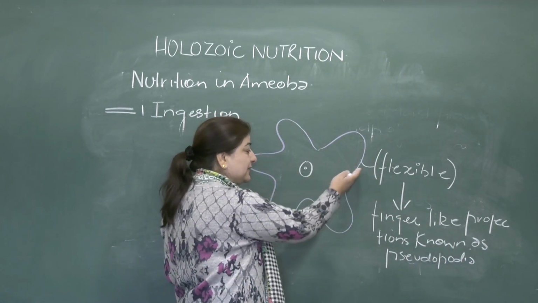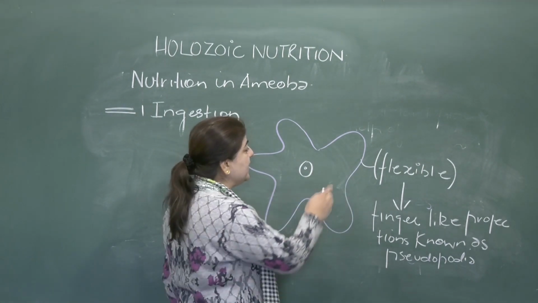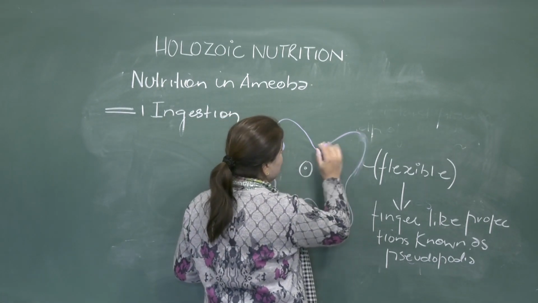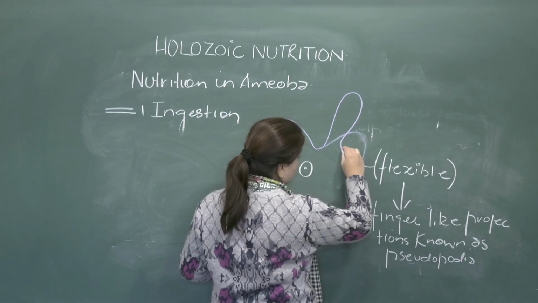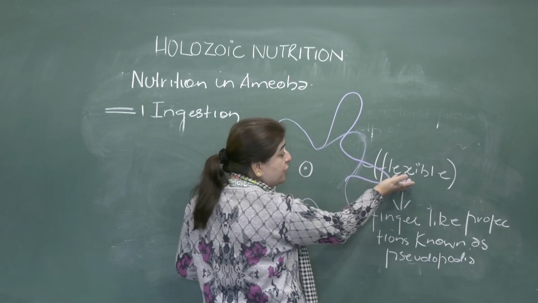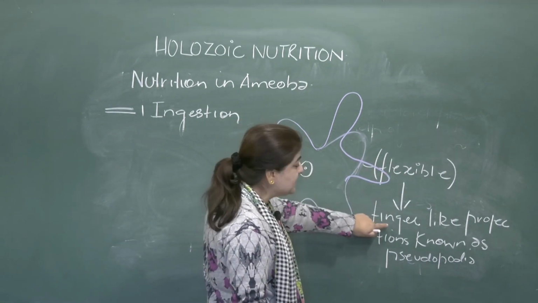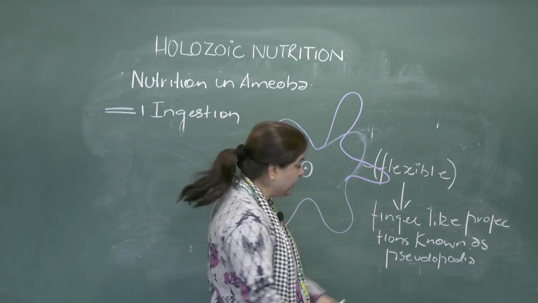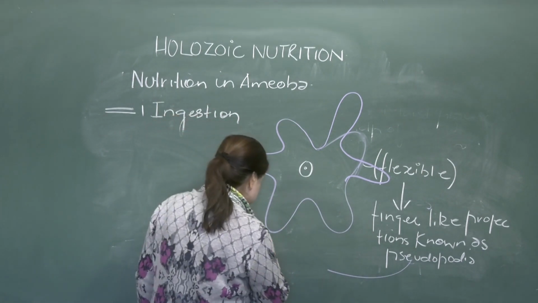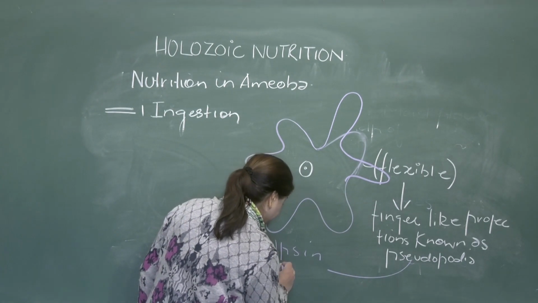As I said, this flexible membrane produces finger-like projections, like I'll be showing here. These finger-like projections are produced because of the flexibility of the membrane, and they are known as pseudopodia. These pseudopodia help in movement.